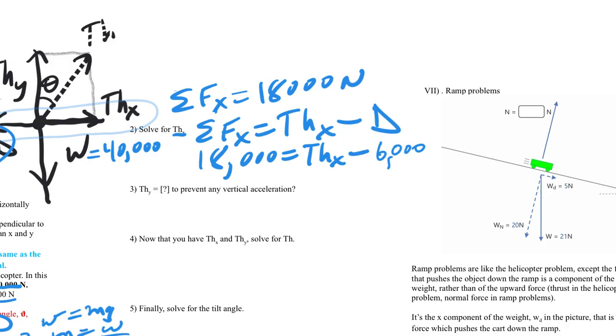Therefore, THX is equal to 18 plus 6, which would be 24,000 newtons.